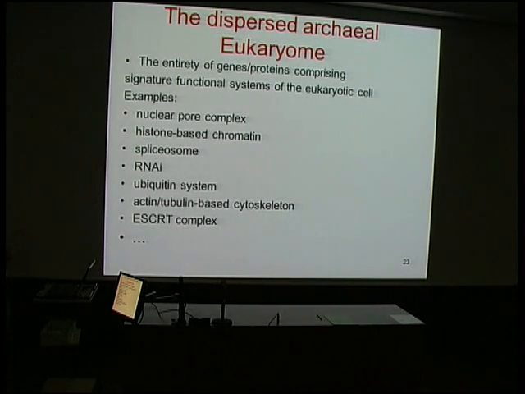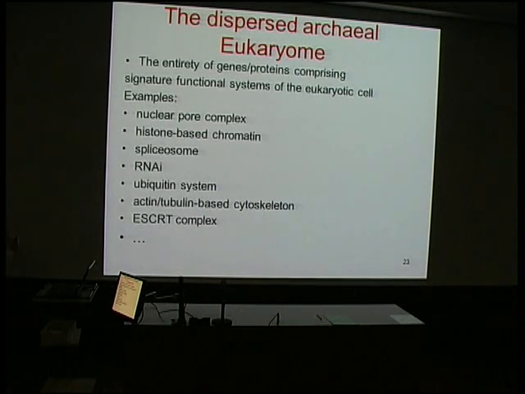One can call anything an ome, so I call it eukaryome, which, by the logic, is the entirety of eukaryotic genes that are, in a sense, essential, that are signatures of the eukaryotic cellular organization.